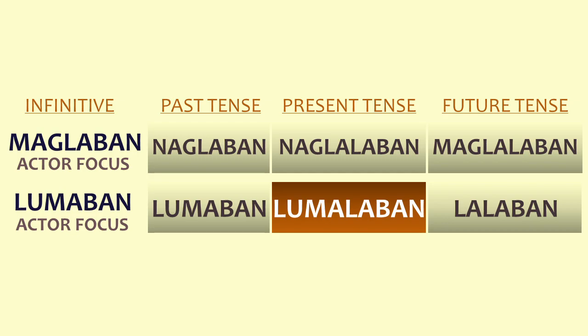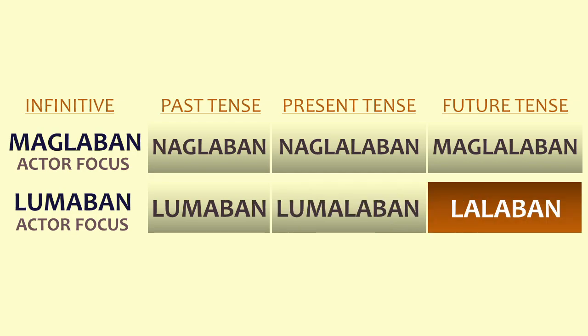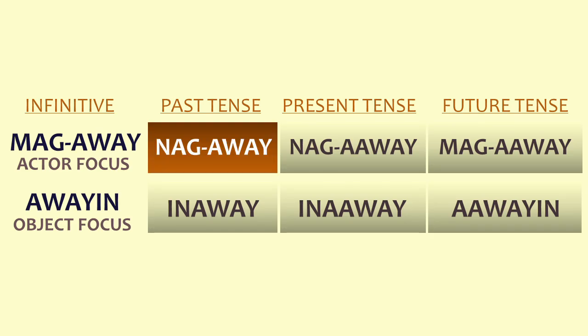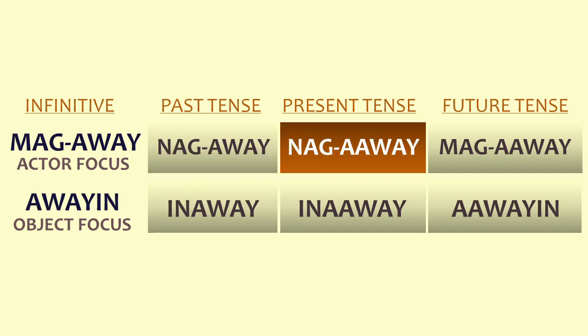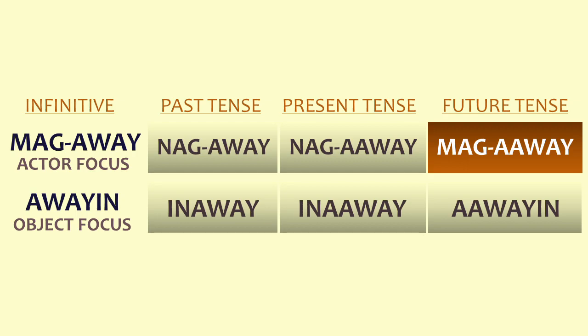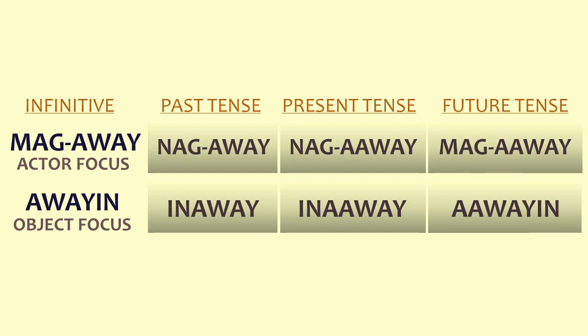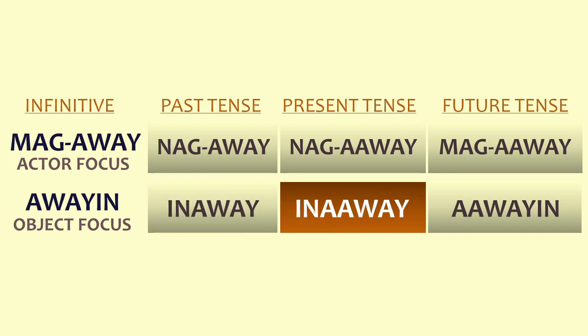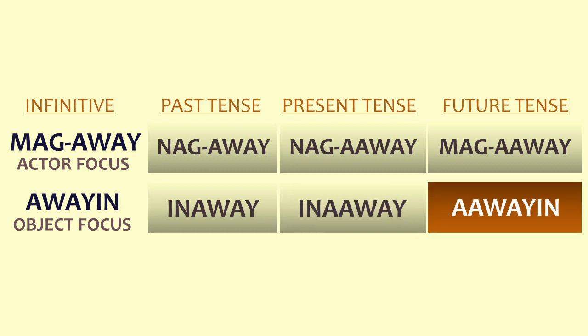And future tense, lalaban. Now for mag-away, the past tense is nag-away. Present tense, nag-aaway. Future tense, mag-aaway. For awayin, the past tense is inaway. Present tense, inaaway. And future tense, aawayin.